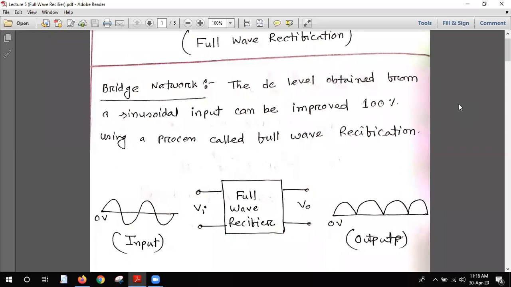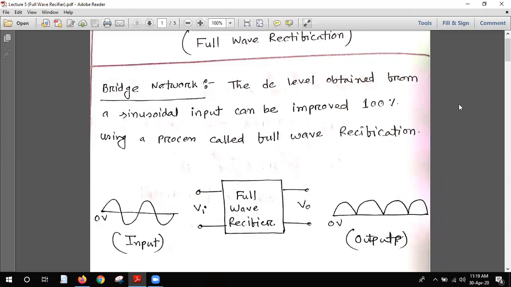That's why it is known as half wave rectifier. But today we will see a full wave rectifier, where the circuit can transfer the full cycle of AC, both the positive cycle and the negative cycle, in the output.